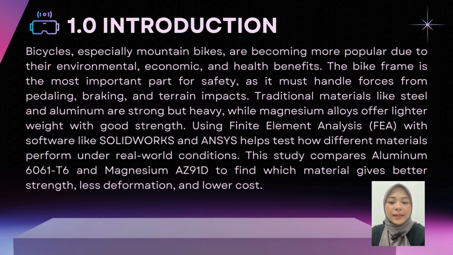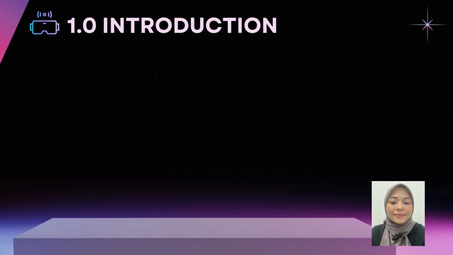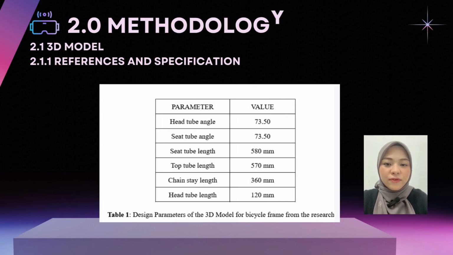To test which material is better, we use finite element analysis (FEA) with software like SolidWorks and ANSYS. These tools help simulate real-life forces on the bike frame so we can see how each material reacts without building a physical bike. To begin the analysis, we first referred to research articles to obtain standard bicycle frame dimensions.